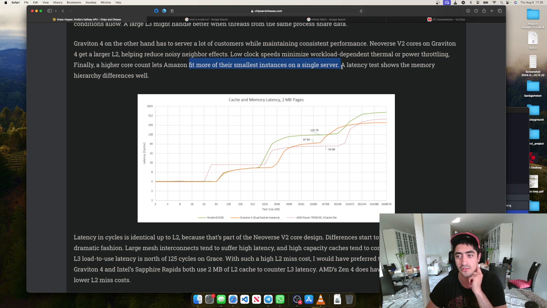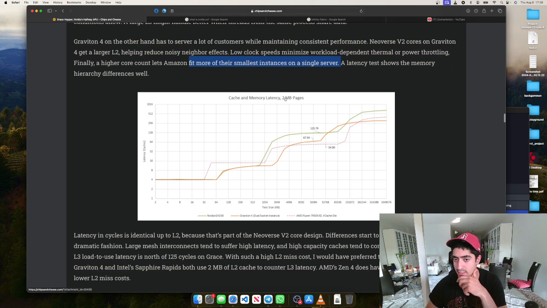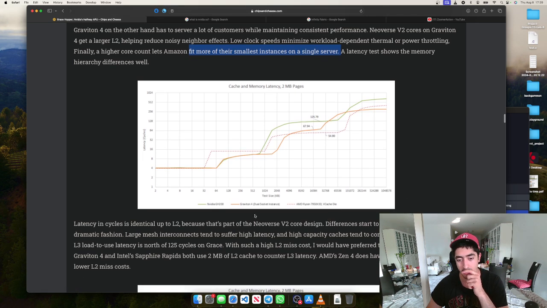A latency test shows the memory hierarchy differences well. So, cache and memory latency with 2 megabyte pages. The test size goes up, and then you have your latency per counted number of cycles. Graviton is kind of here, and then AMD, it's over here, and Nvidia is kind of higher than all of them.